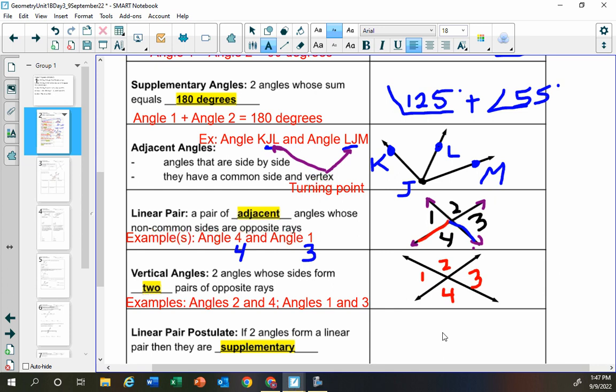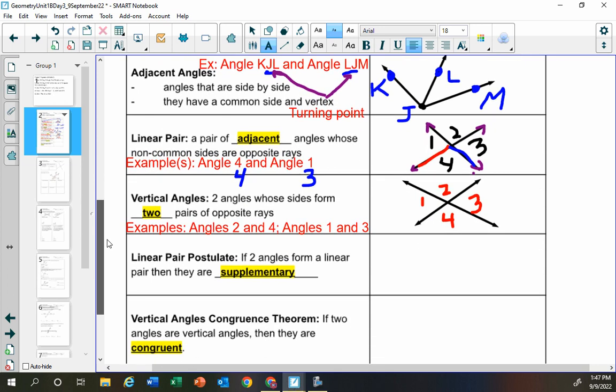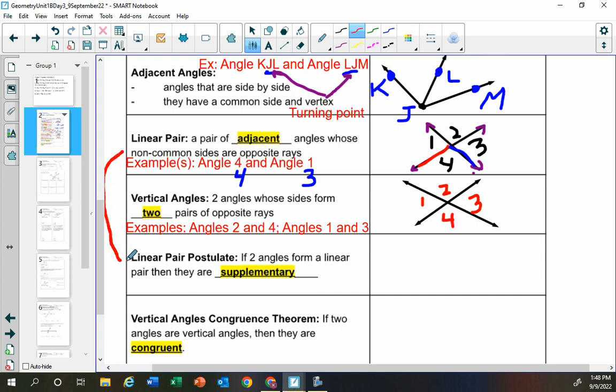All right. Now, couple quick things involving a linear pair. In fact, I realized I should have switched these two. But basically with a linear pair, if you notice the linear pair, or I'll give you another example.